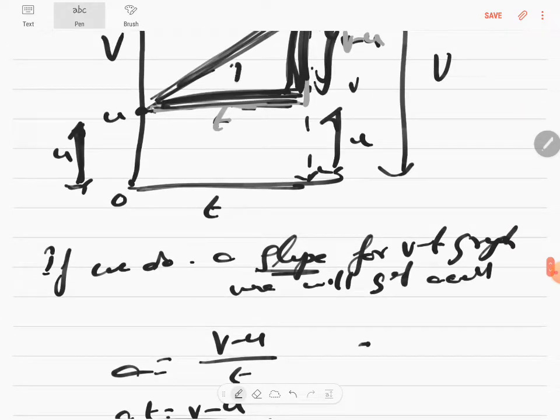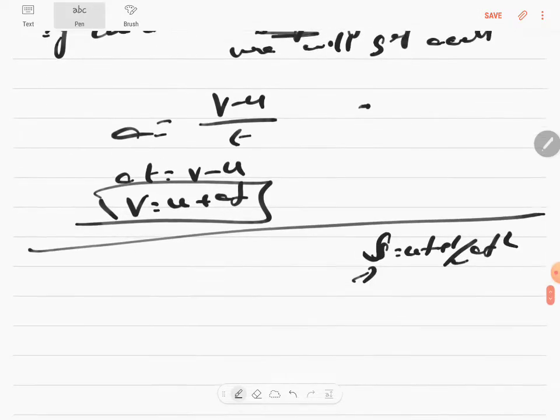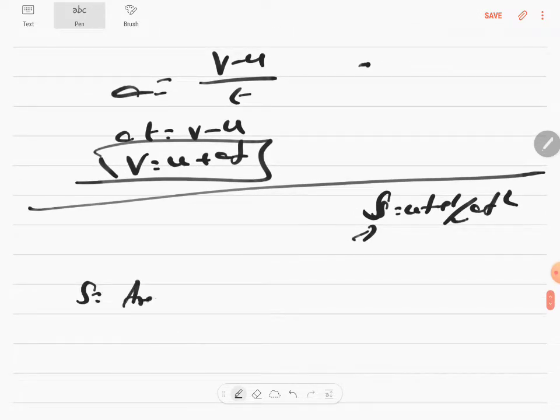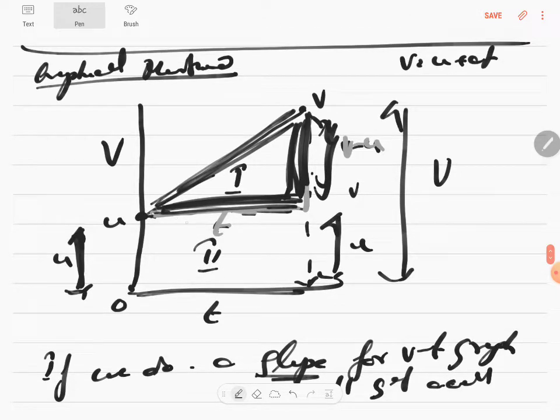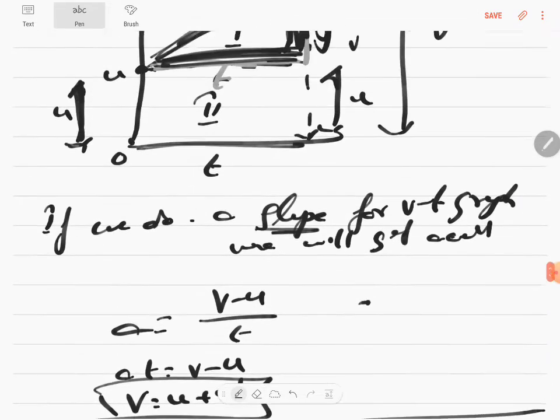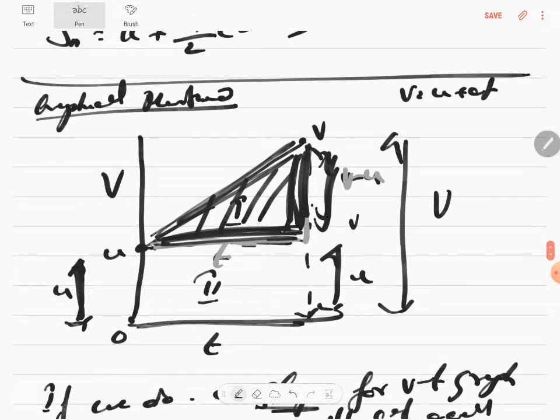Area of a triangle plus area of the rectangle. So s is equal to area of triangle plus area of rectangle. Area of triangle is half into base into height, which is half into t into v minus u. Can you see the base? The triangle is here. The base is t and the height is v minus u.